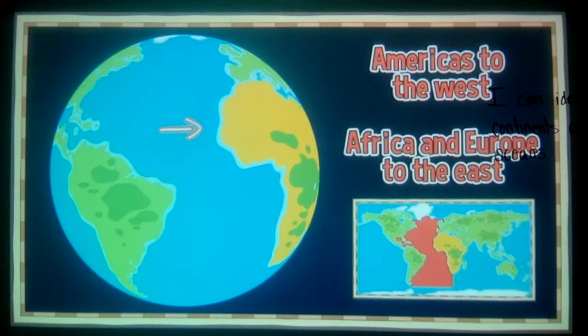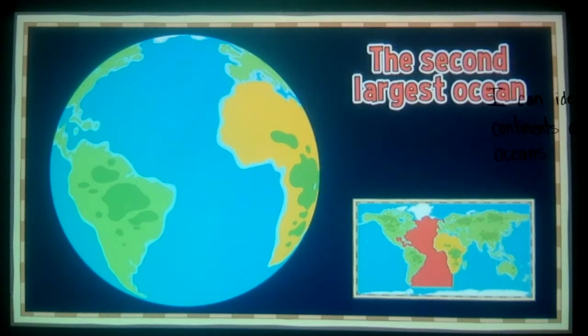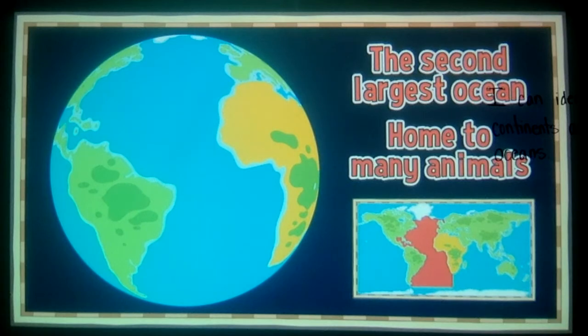The Atlantic Ocean has the Americas on the west and Africa and Europe on the east. The Atlantic Ocean is the second largest ocean and is the home of many animals of the sea. The Pacific Ocean has the Americas to the east, Australia and Asia to the west.